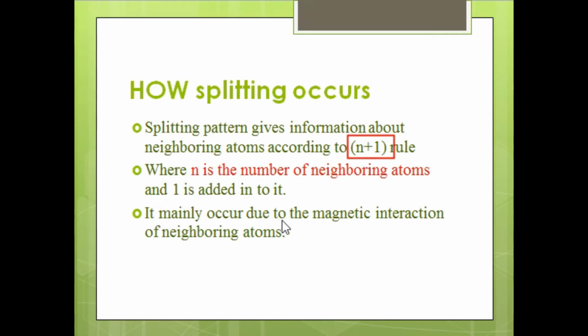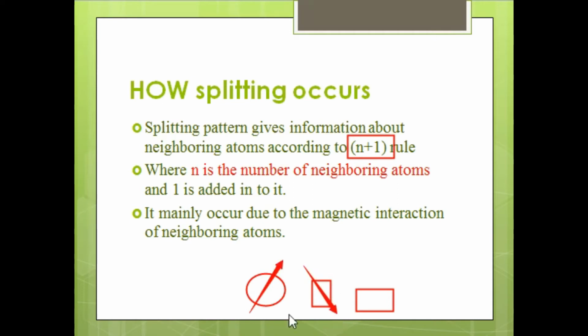Next, it mainly occurs due to the magnetic interactions of the neighboring atoms. In actual, we have already seen that every atom has magnetic properties. Let's see, if this is an atom, two different kinds of atoms are present, here is one and here is two, then their magnetic properties will be different.